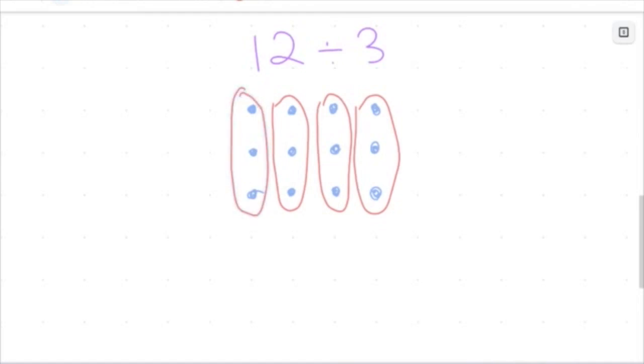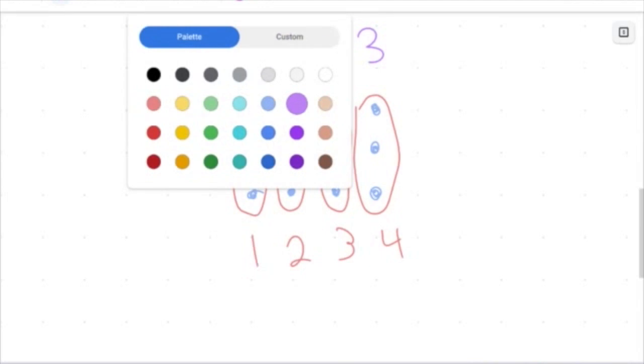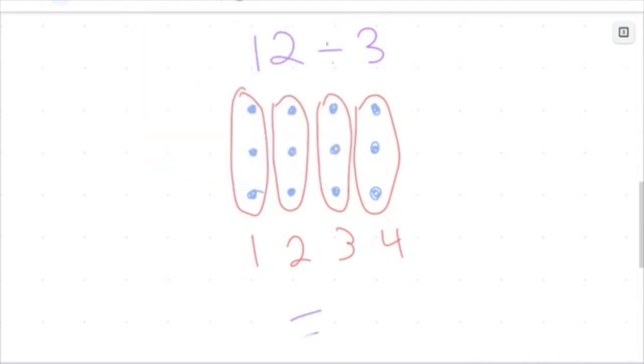So how many times does each of these groups, so say one of these, go into 12? Well, it goes 1, 2, 3, 4 times. So 12 divided by 3 is going to give me 4.